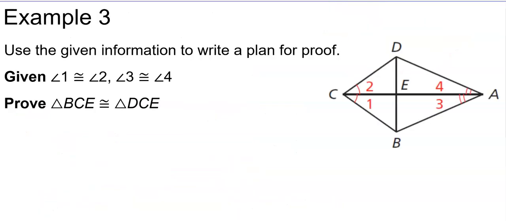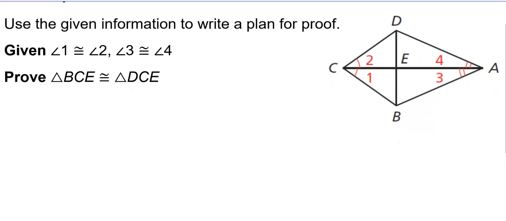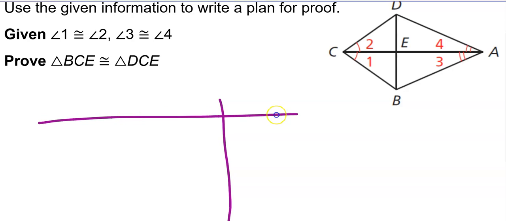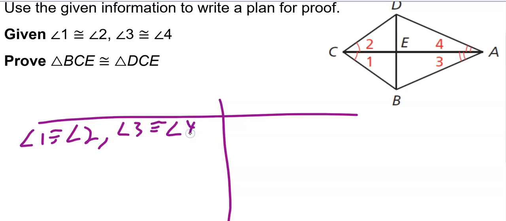All right. Let's write a proof. So we're given angle 1 is congruent to angle 2, and that's marked. Angle 3 is congruent to angle 4. That's given. Okay? So the reason that is this line here is obviously bisecting the two angles.